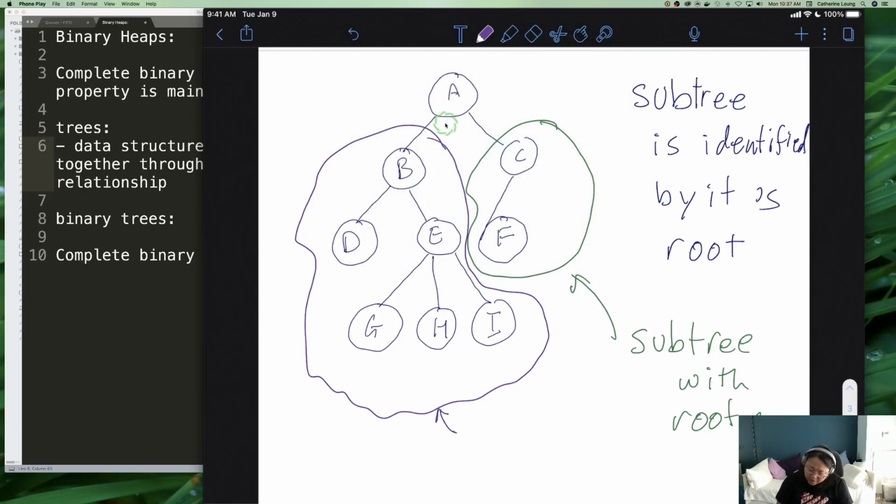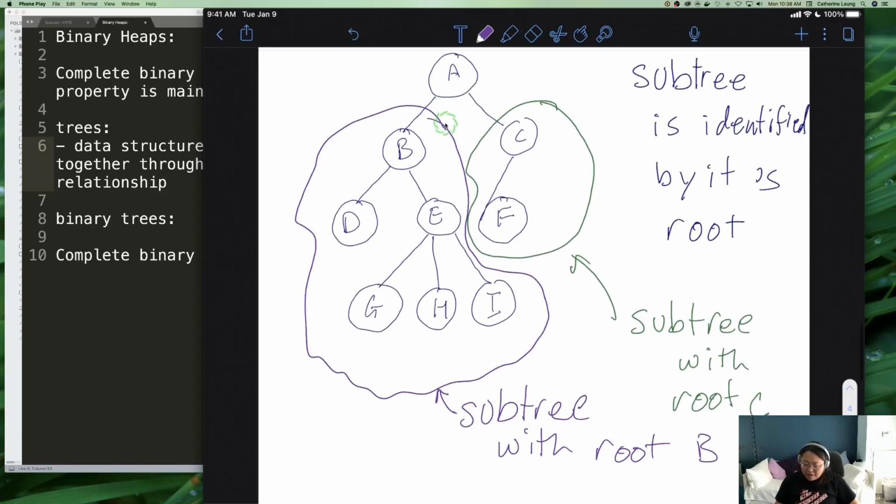So this is a subtree with root of B. So B is the root of the subtree that I've circled here in purple. So that's what we talk about.